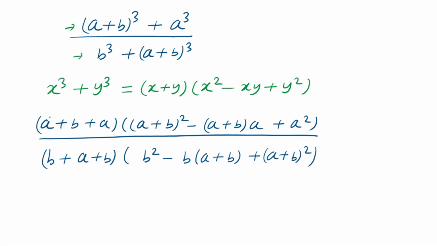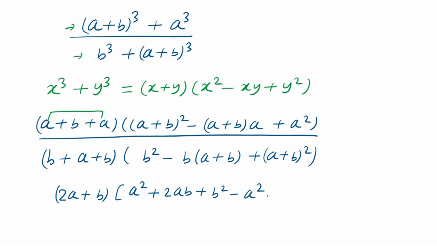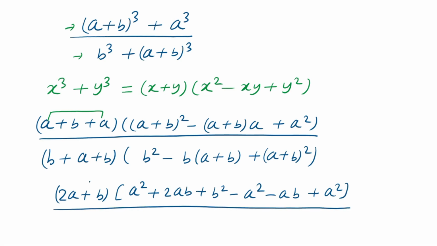Look carefully in the numerator. a plus a is 2a plus b, and (a + b)² is a² + 2ab + b², minus a multiplied by this a plus b times a, this is minus a² minus ab plus a². Divided by, in the denominator, b plus b is 2b plus a, and b² minus b multiplied by a, then minus ab minus b², then plus (a + b)², which is a² − 2ab + b².